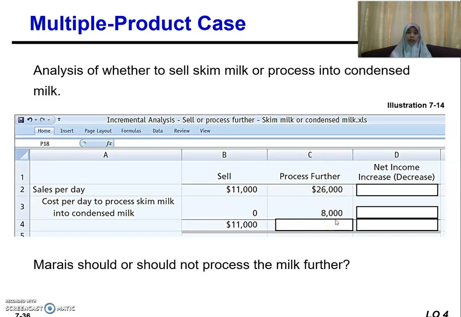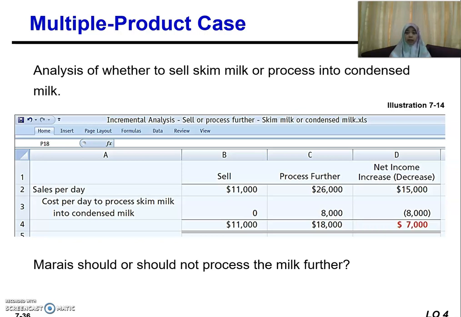If you further process, your cost is 8,000. So in this case, you will get an extra revenue of 15,000. If you sell it now, you will get 11. If you further process, you will get 26. So you've got an extra 15. What about the cost? The cost is only 8,000. So your revenue is 15 and your cost is 8. So you've got a positive increase in your income, or your net income will increase by 7,000, a positive figure.